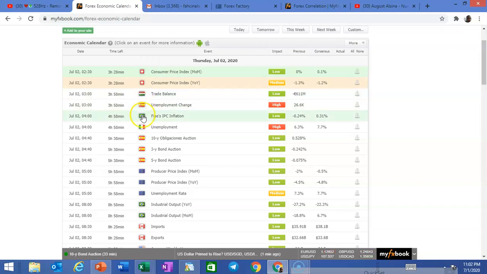Hungary trade balance. So this is European news. European Monetary Union. Anytime I see European Monetary Union news, that's pretty significant. Oh, their unemployment rate is coming out. Okay, yeah, that definitely moves the market.